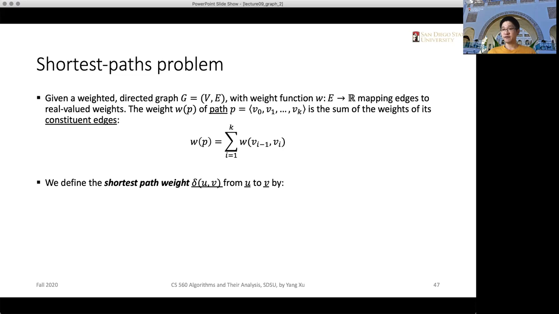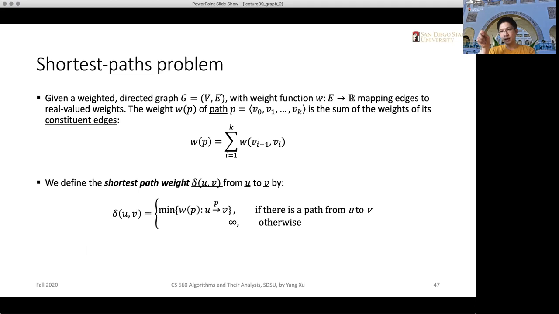Delta is a real-numbered value that measures the minimum weight of the path from U to V. If there is a path from U to V, there could be multiple intermediate vertices between U and V. So if a path exists, then we find the path that has the minimal total weight.